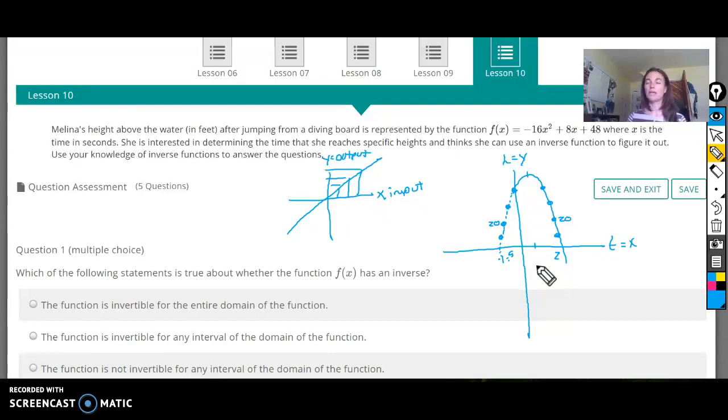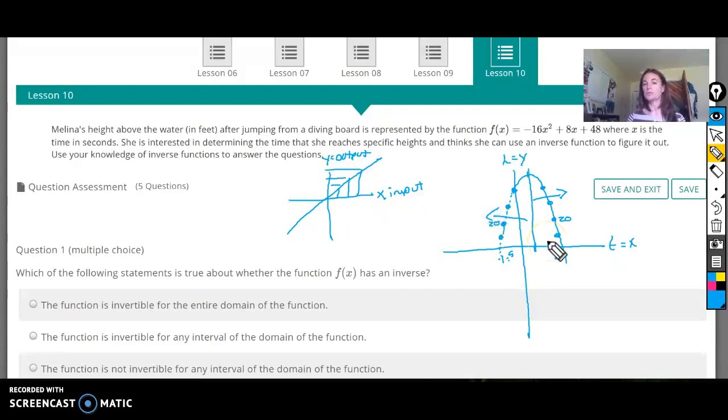And so if we want to use an inverse function here, the only way to do it is to limit our domain, okay? I have to find where my vertex is, and I have to say, I can use this side and only this side, or I can use this side and only this side.